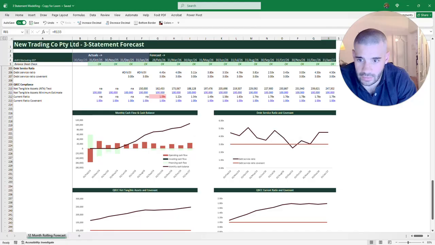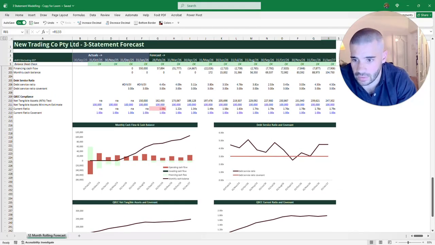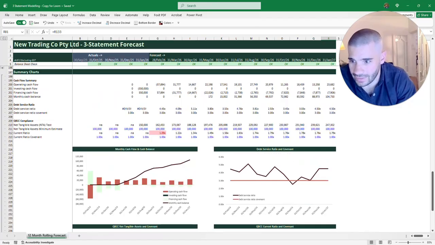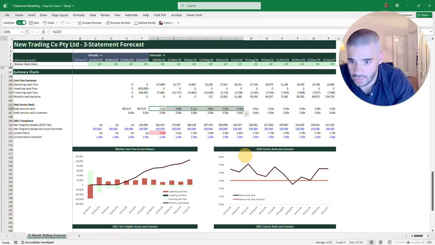This chart here is a debt service ratio, and as I've tried to explain, that debt service ratio is this figure here, and that's basically saying our net income is 4 times larger than our debt repayment for that month. You can see it goes along, and it drops here in September.